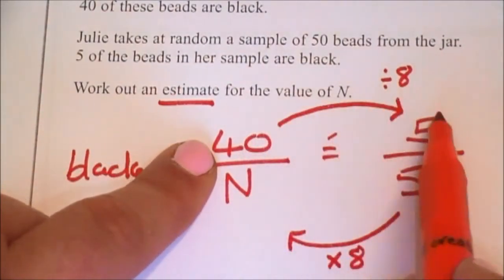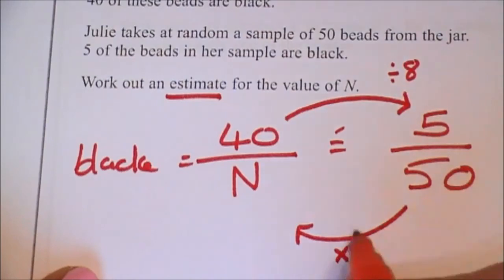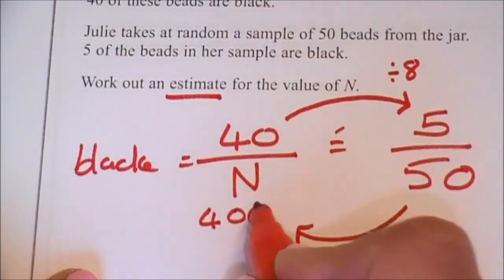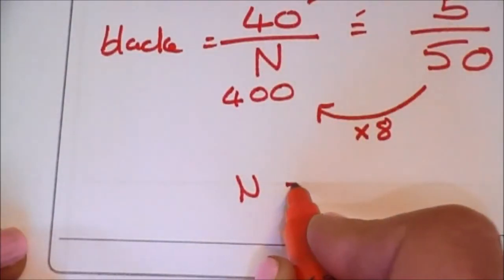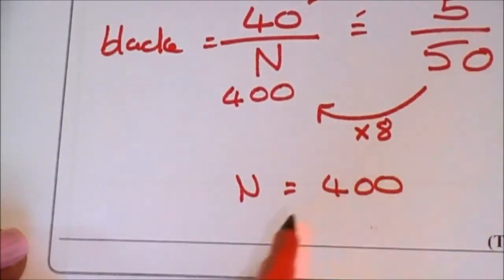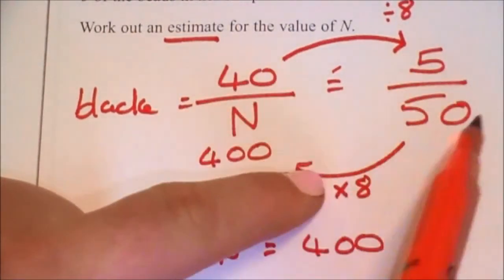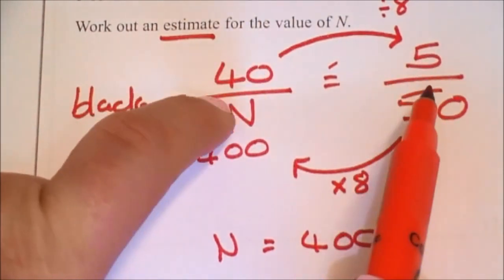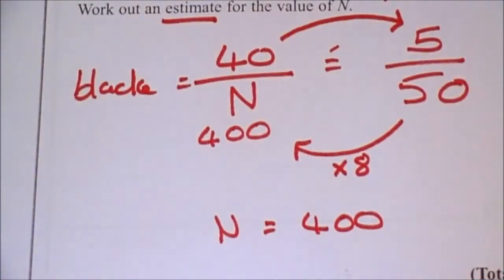So if I divided by 8 that way, I can just times it by 8 to get up here. So 50 times by 8 is 400. So n equals 400. It's a 2-mark question. You get 1 mark for an attempt to compare the fractions. So that's 1 mark there. And then you get the 2nd mark for having the 400.